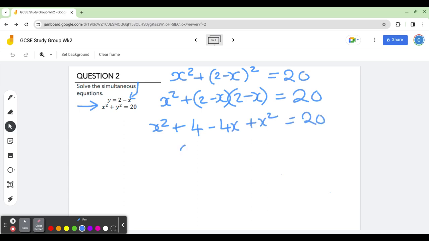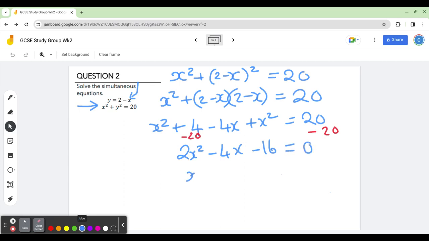If I simplify that, I end up with 2x squared and minus 4x. And then I'm going to bring the 20 over to the other side because it is a quadratic equation and I want to make it equal to 0 to be able to solve it. So that gives me negative 16 equal to 0.